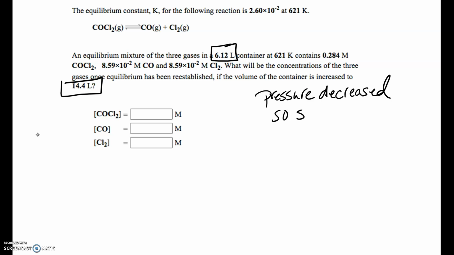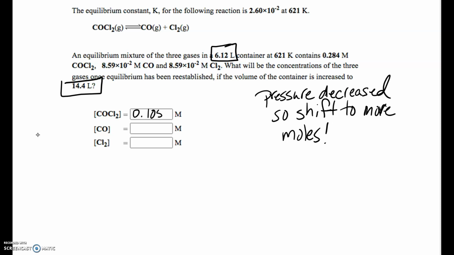Now, how are you going to get those? You're going to take your original molarities and multiply by that 6.12 liters to get the number of moles. And then you'll divide by the new volume, 14.4, to get the new molarities. Those will be your initial concentrations. You'll have to use either Le Chatelier or your Q to find the change.